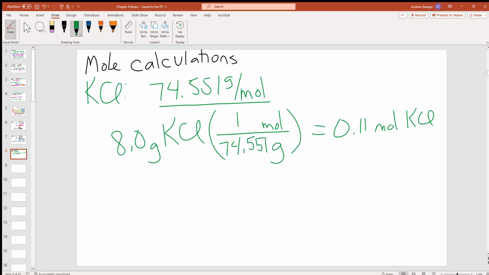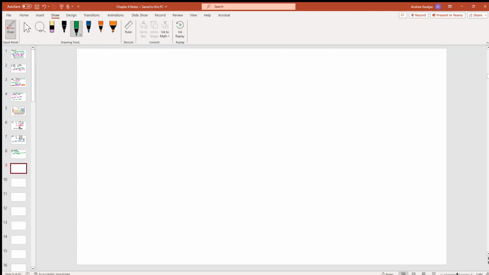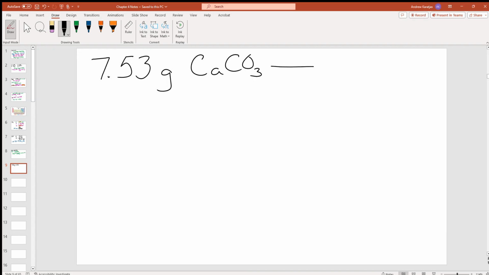So let's do another example. Let's say we have 7.53 grams of calcium carbonate. We want to convert that to moles. So take a moment and see if you can first determine the molar mass of calcium carbonate.